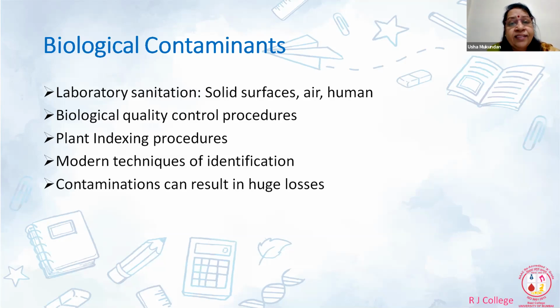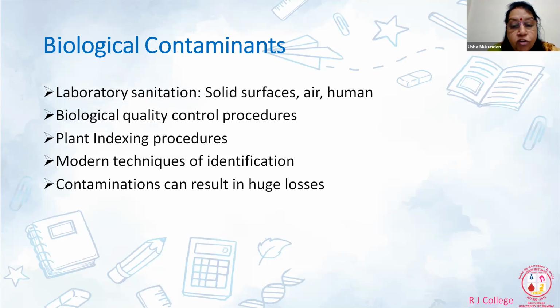Now, in plant indexing procedures, there are new techniques available. As you know, the conventional method of microscopy has been taken over by tools of molecular biology and proteomics. You have very good techniques which are rapid, and these are sure shot techniques for indexing plant material.